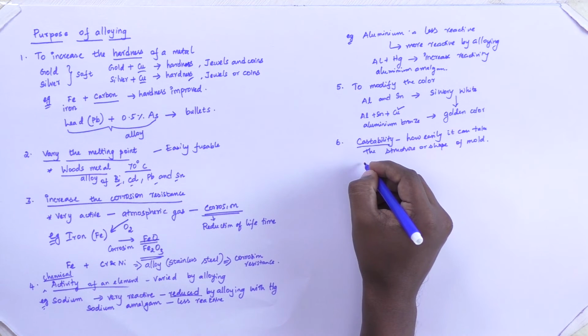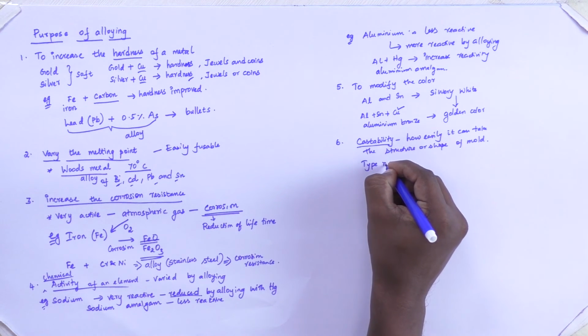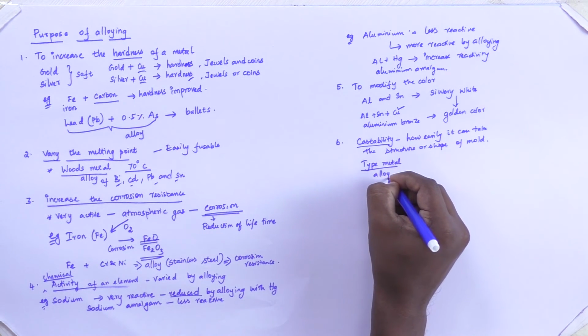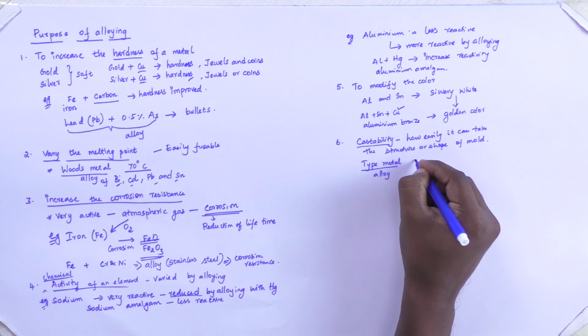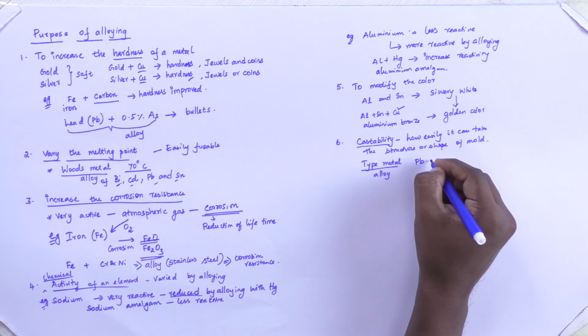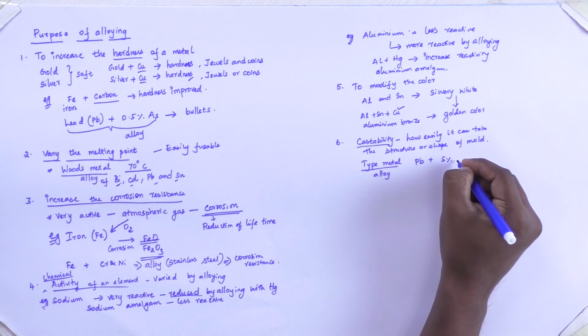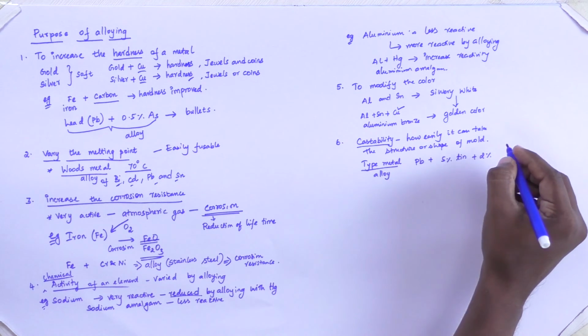So you have type metal. So this is an alloy. So this alloy consists of lead as the main compound, and then to it is added 5% of tin and 2% of antimony.